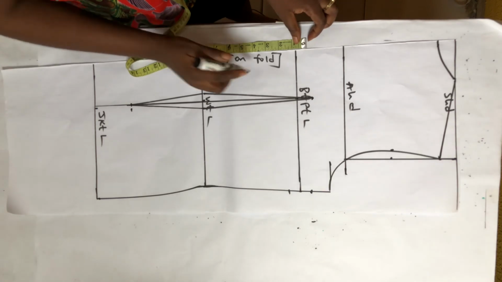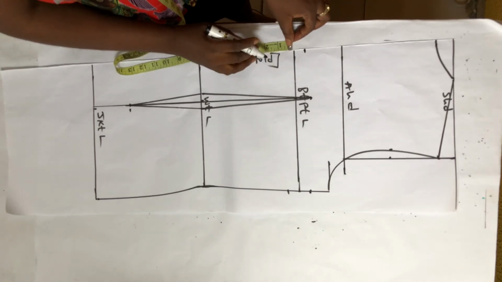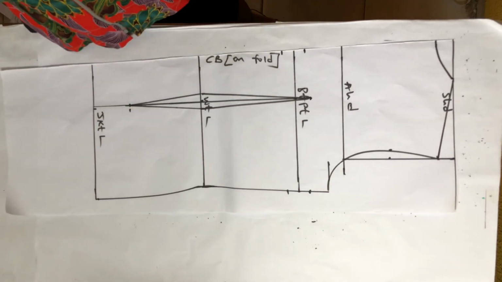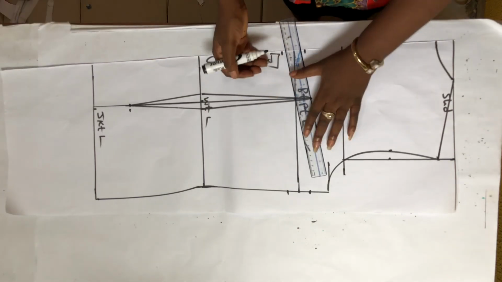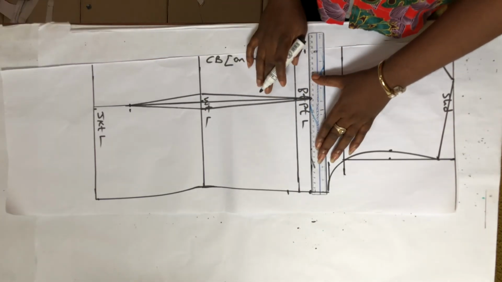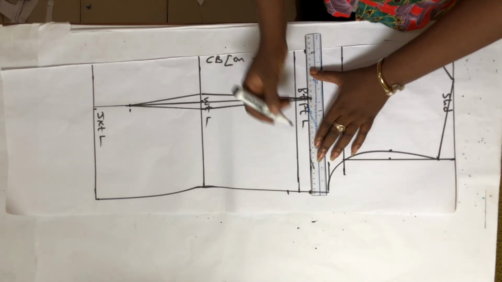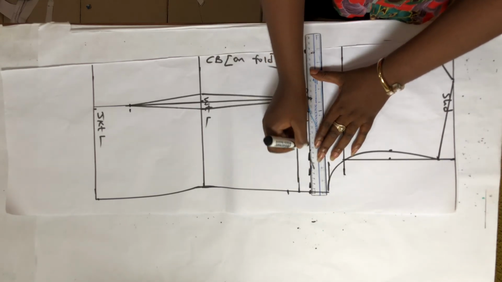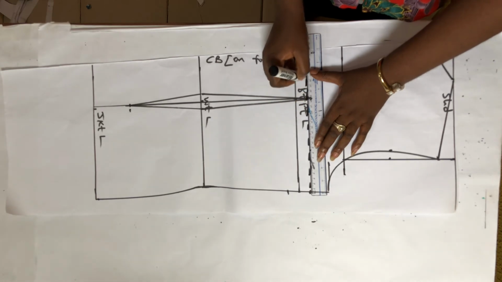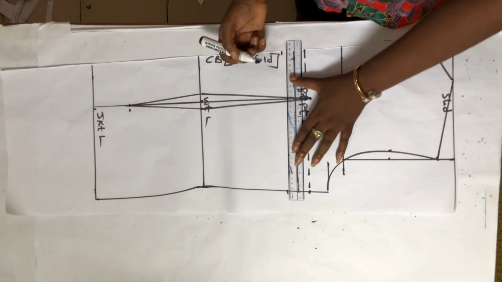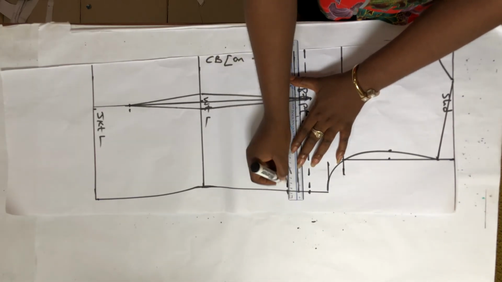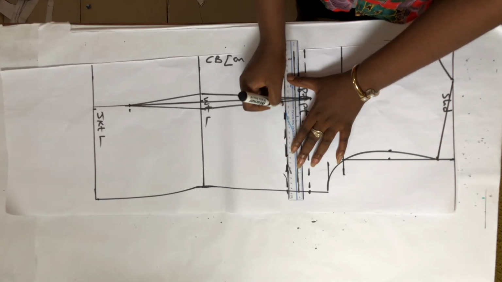On the bust point length line, 0.75 up here, 0.75 down here. Then use dotted lines to connect the marking by the side to the marking by the center back. I'll do that for the 2 lines.